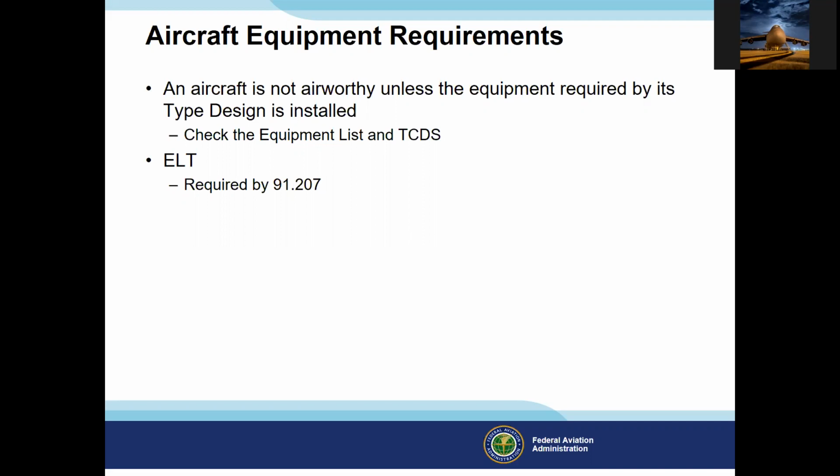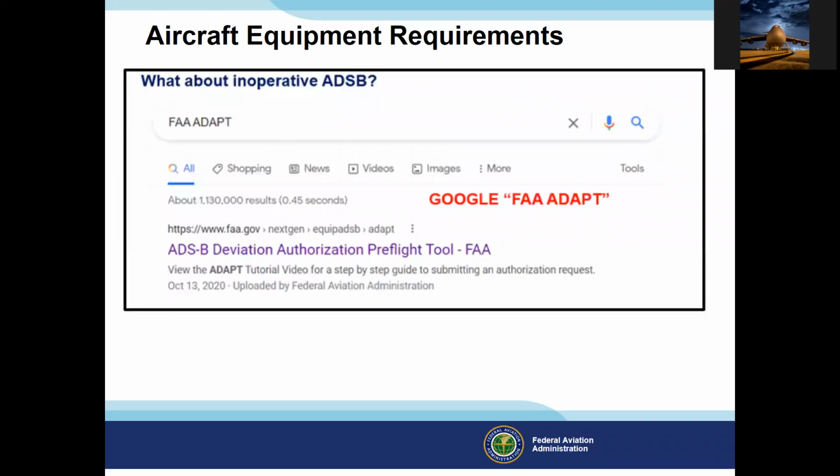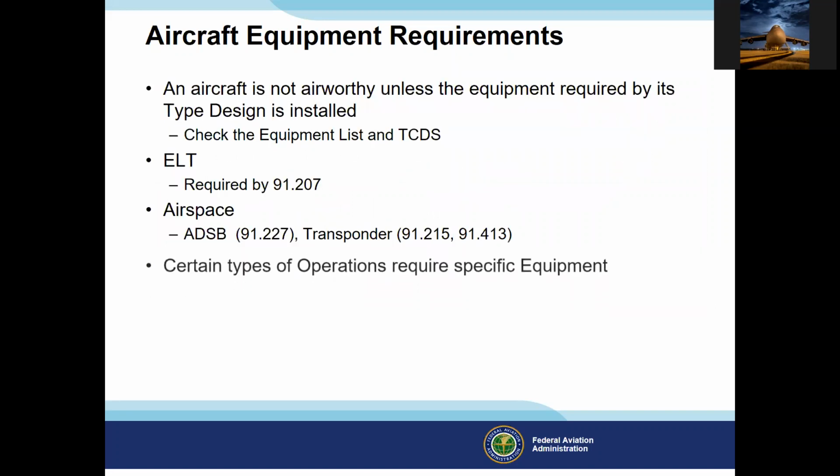But ADS-B is now required, as well as the transponder. If you must fly without ADS-B, you must request an authorization through the FAA website. You can't make a request without an operative transponder with Mode C.